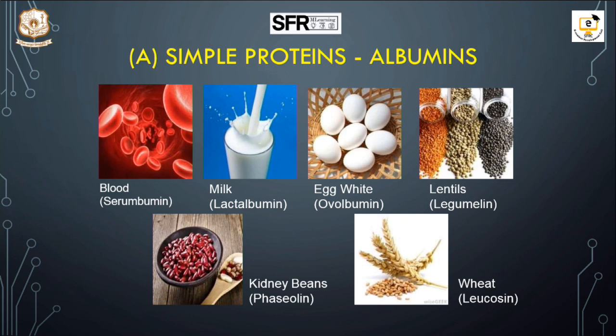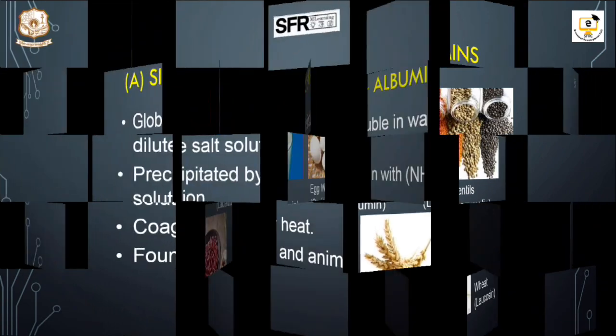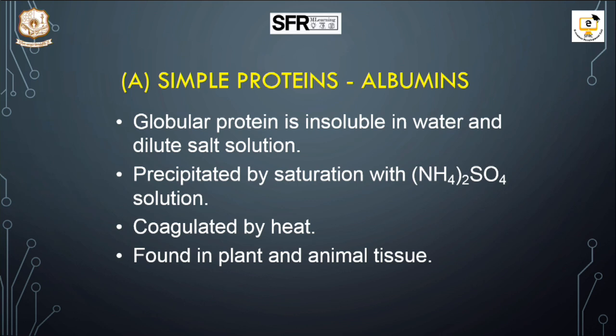In lentils it is present as leguminolin, in kidney beans as physolin, and in wheat as leucosin. Albumin is coagulated when subjected to heat. It is found in all plant and animal sources, and based on the source, the proportion of albumin may vary.